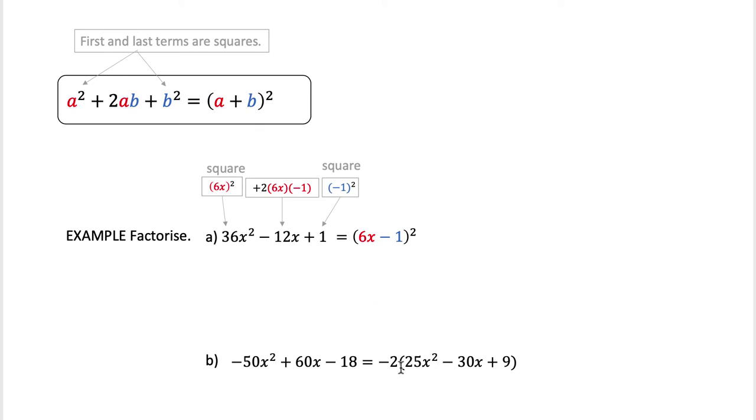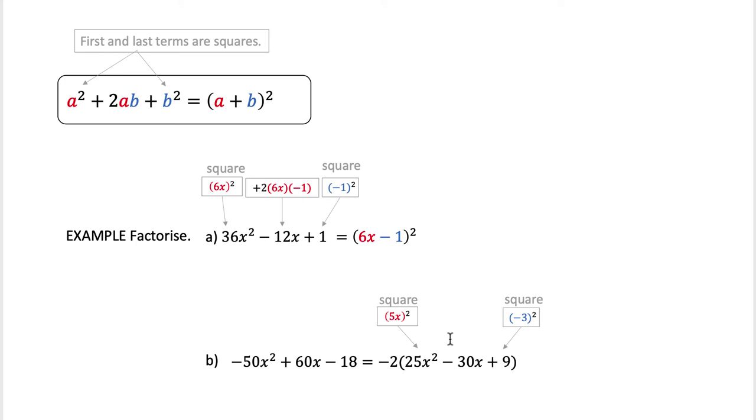So check the first term inside the brackets and the last term inside the brackets and see whether they are squares of any terms. Well, 25 is a square of 5 and x squared is a square of x, so this is the square of 5x, and then we have a minus sign in here, and this is a plus 9, so negative 3 squared is plus 9.